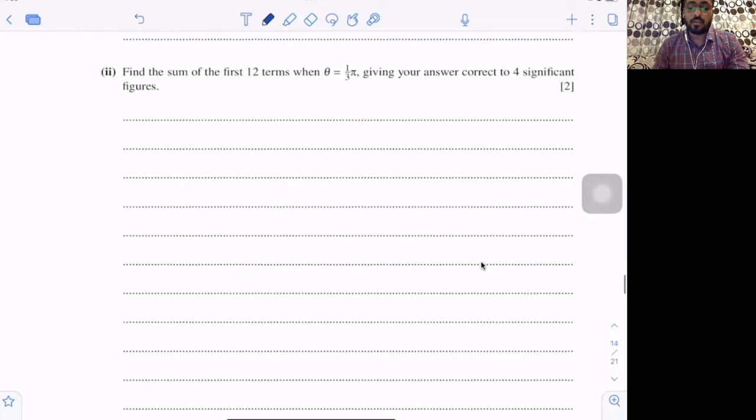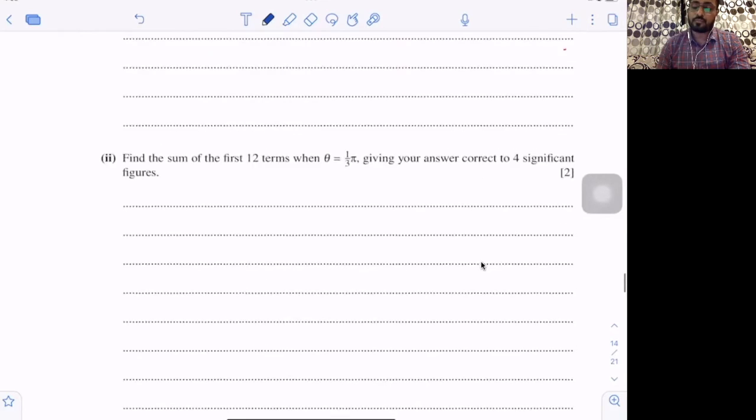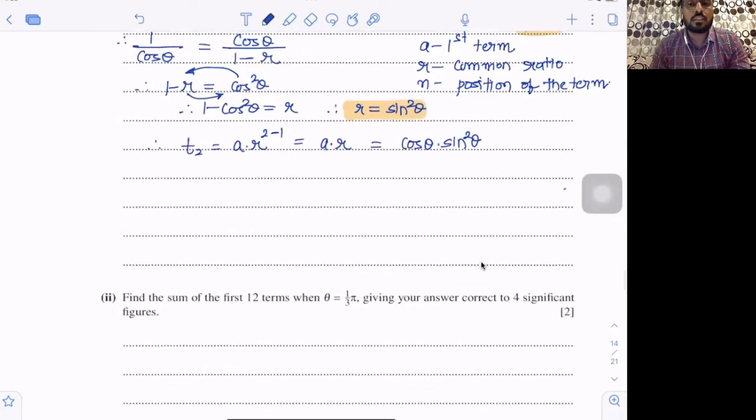Now, the second part of the question says find the sum of the first 12 terms when theta is pi by 3. Sum of first 12 terms when theta is pi by 3. Now, your r is sine square theta.